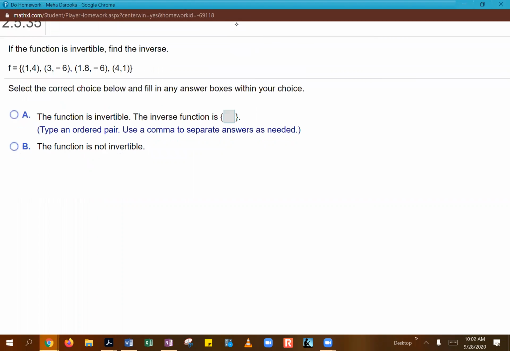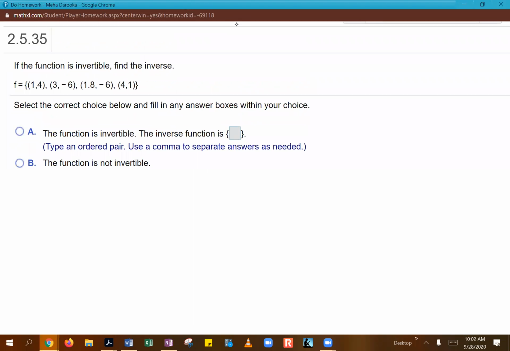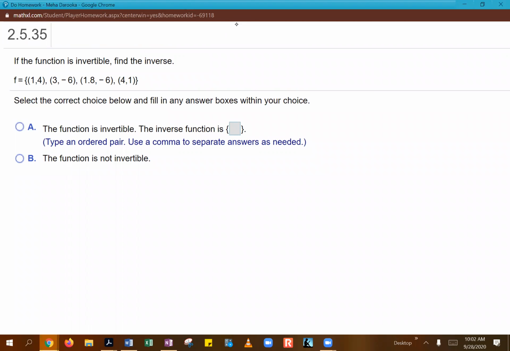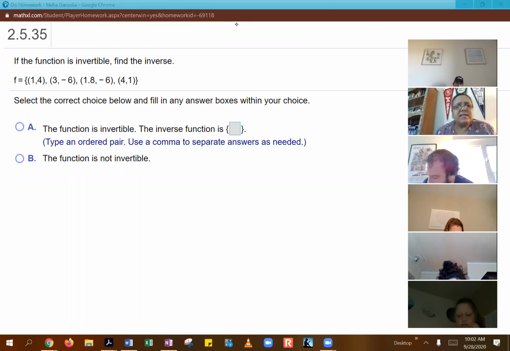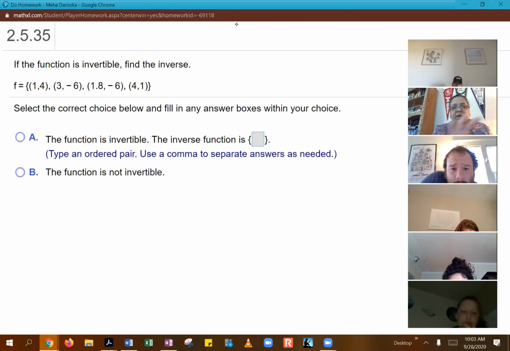All right, so now we're actually getting into finding our inverses. As you can see, they are saying if the function is invertible, find the inverse. So going back to the definition, we said for the same y, we cannot have two different x values. So looking at this list of ordered pairs, for the same y, do we have two different x values?